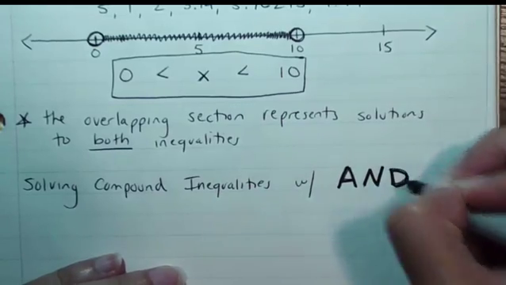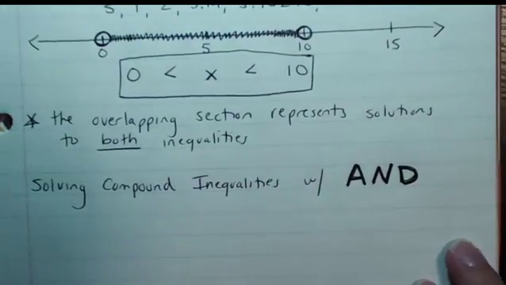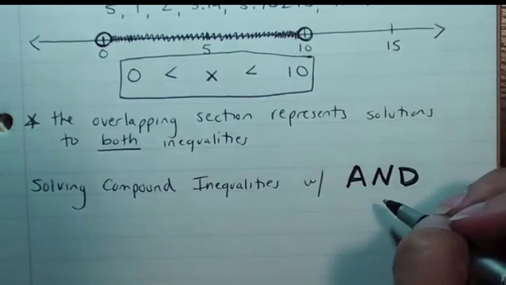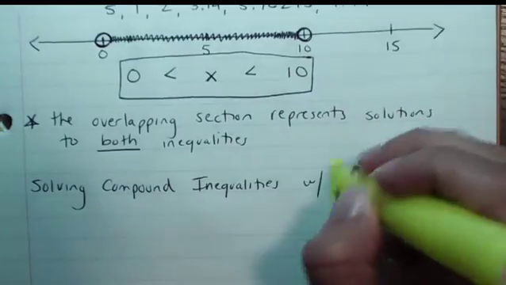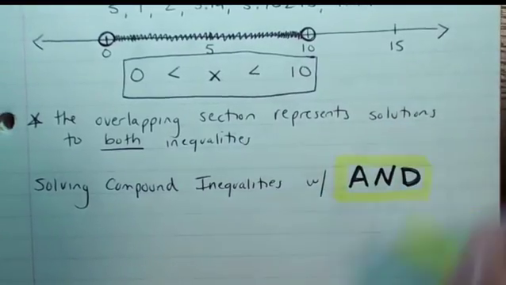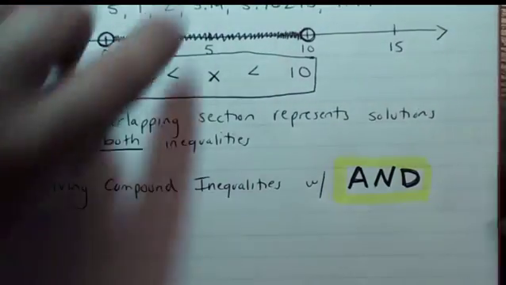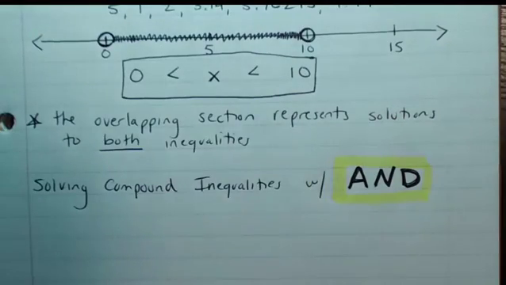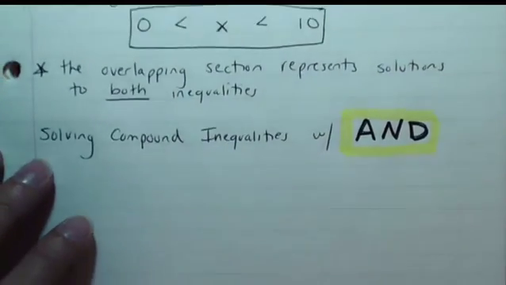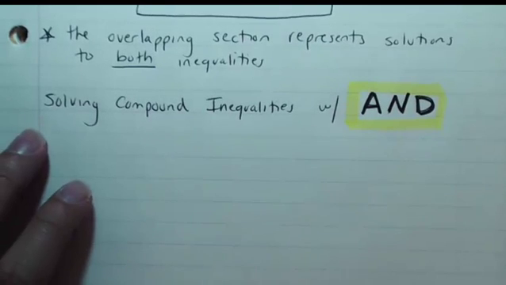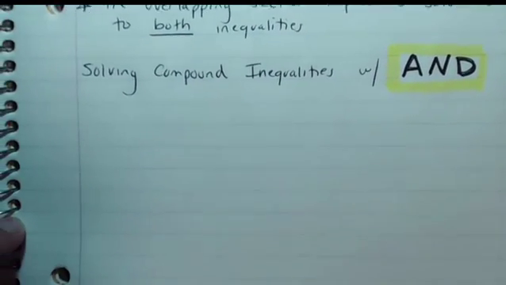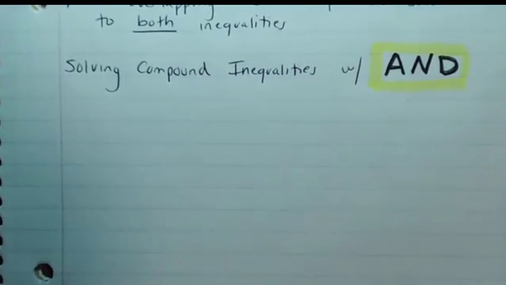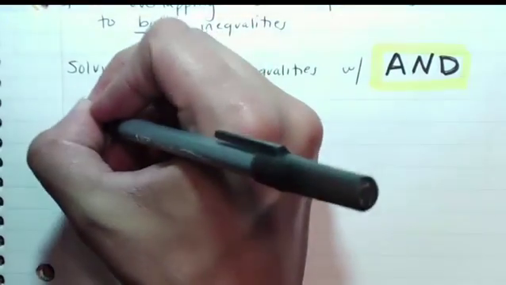This is when we see the word and, because there's a difference between this word and another word. So solving inequalities with the word and, I'm going to highlight that, bold it, whatever you need to do to remember.